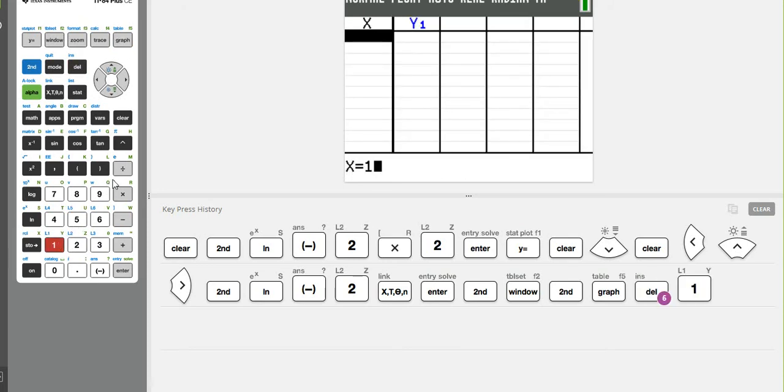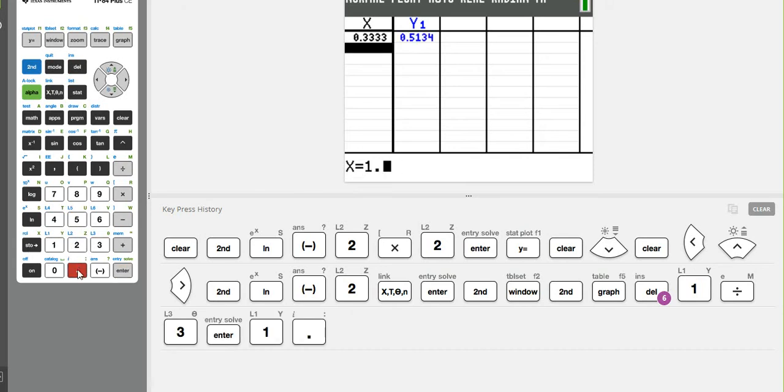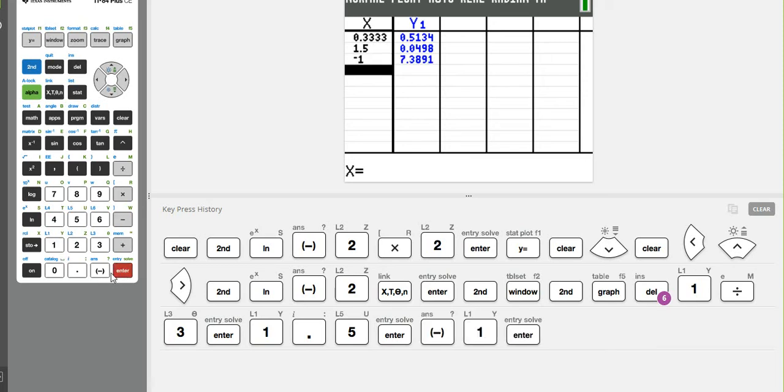At 1 divided by 3, 1.5, negative 1, and negative pi.